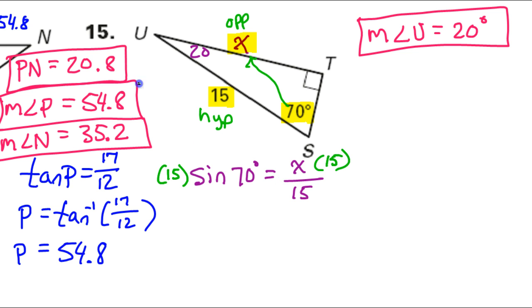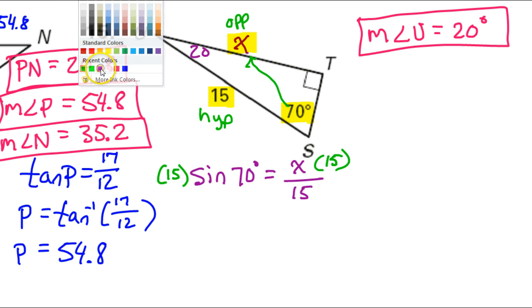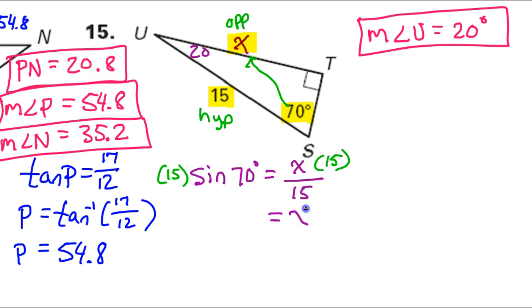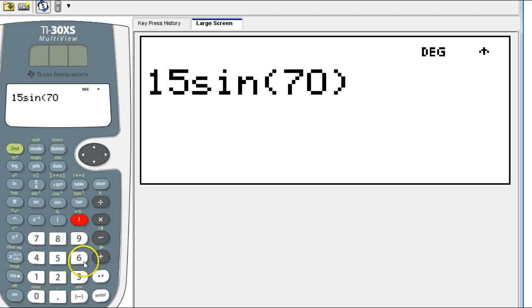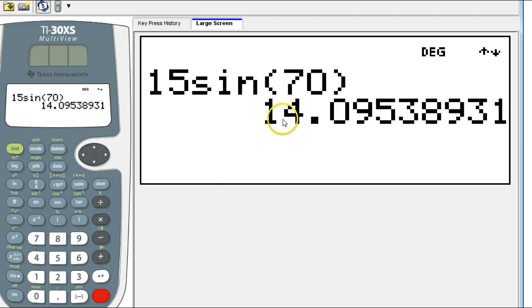All right, to solve this, we just multiply both sides by 15. So those would cancel out. So that would give us x equals 15 sine 70. Okay, and so rounding to 1 decimal place, that's 14.1. Got to round up.